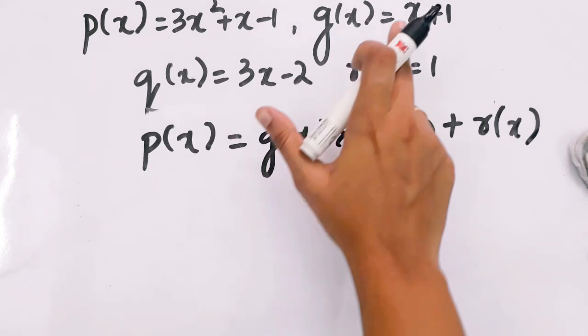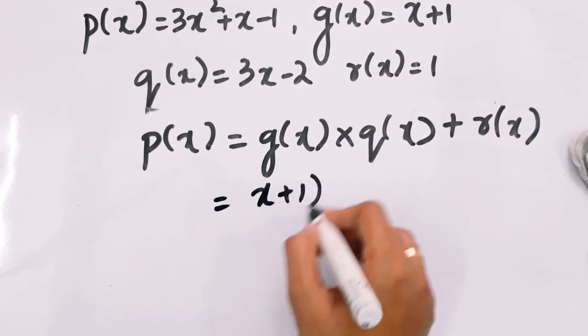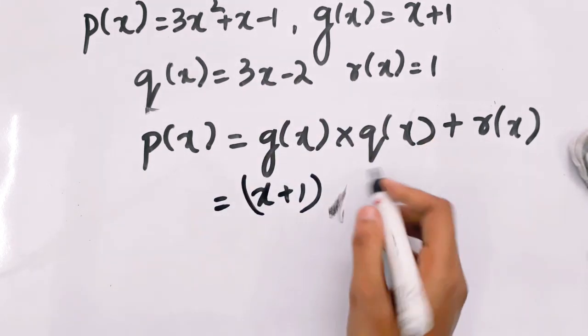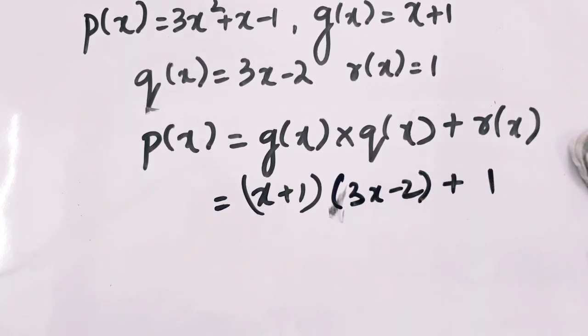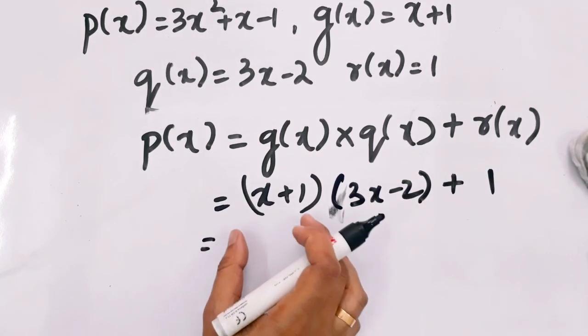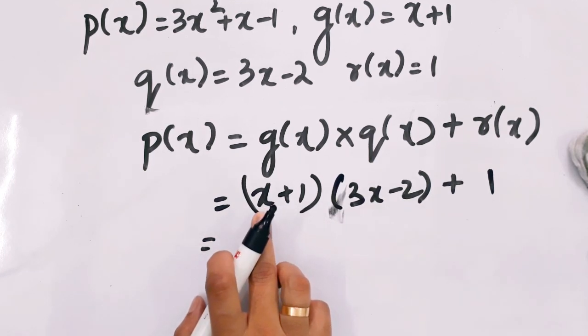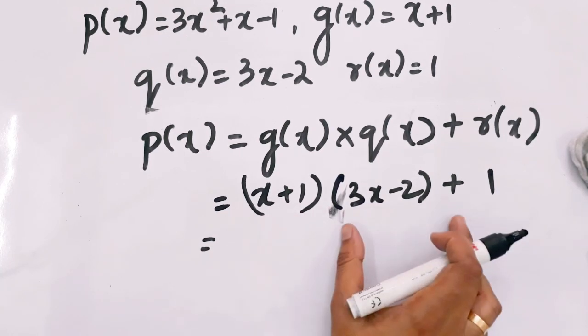So what is my g of x? It's x plus 1. So x plus 1 into q of x, which is 3x minus 2, plus remainder, which is 1. Now whenever you multiply two binomials, you have to multiply the first term of the binomial with the entire thing and again the second term with the entire thing.